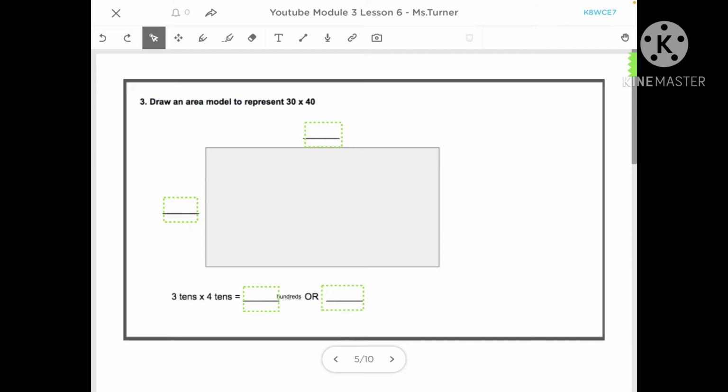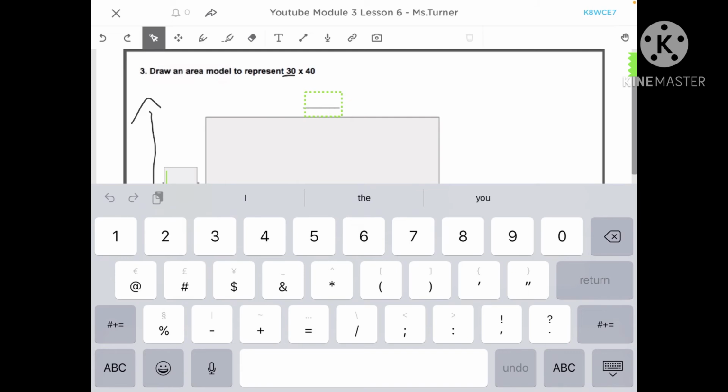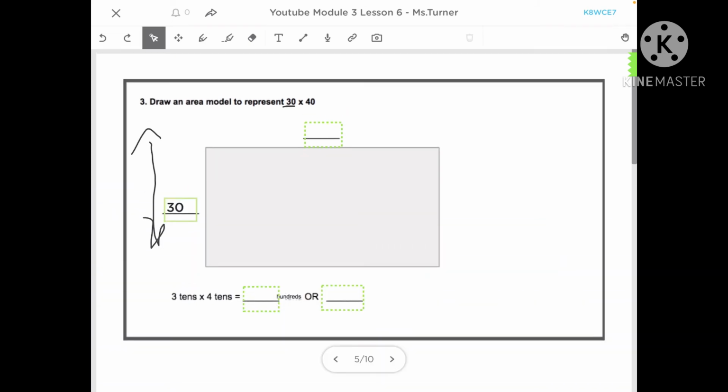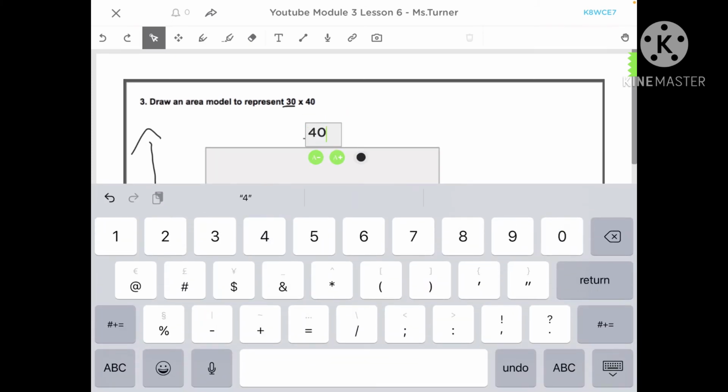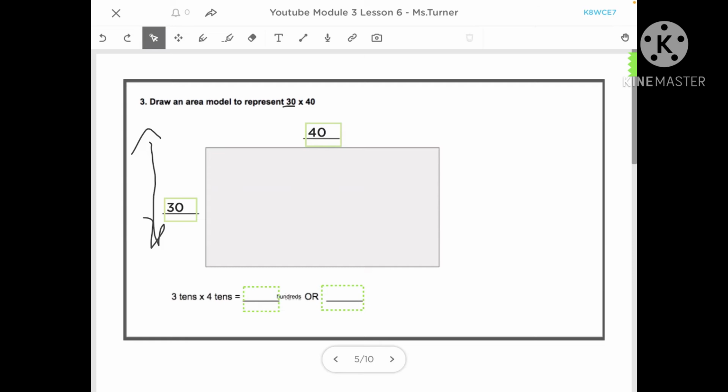What about this one? 30 times 40. Remember, my first number goes on the left-hand side, and my second number goes on the right-hand side. So 30 times 40, or 3 10s times 4 10s, equals how many hundreds?